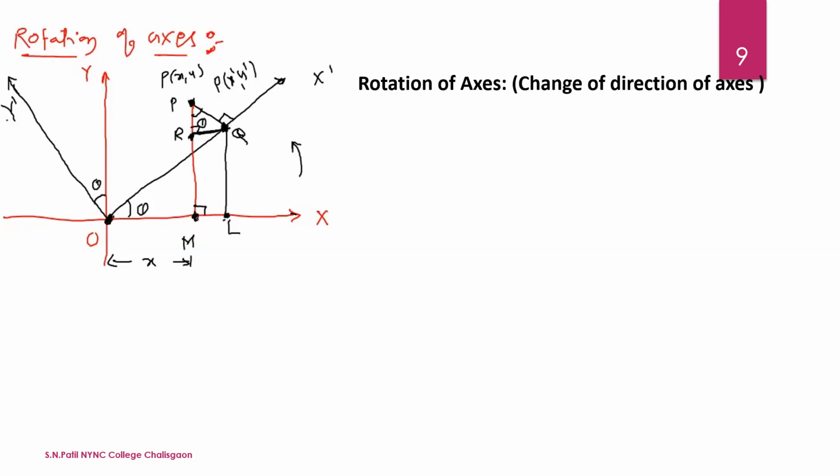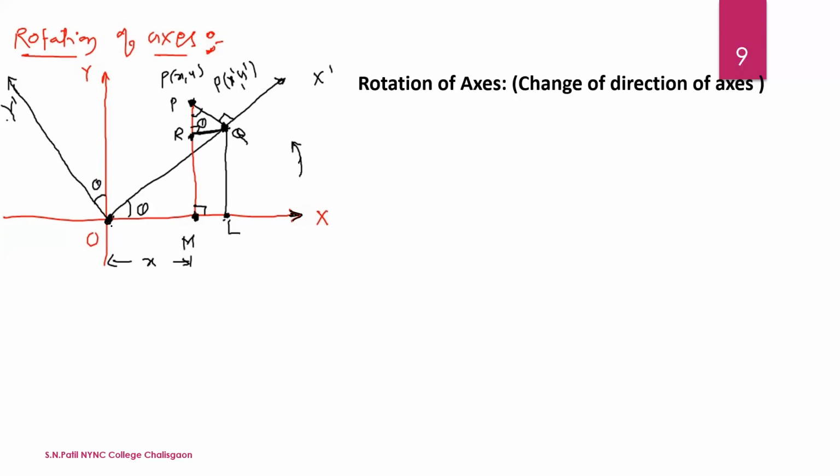Now we rotate the axis through an angle theta in anti-clockwise direction up to this point. And we consider the same point, but the axis is changed. We rotate the original axis through an angle theta.